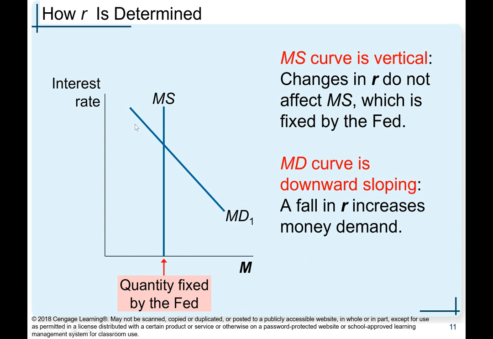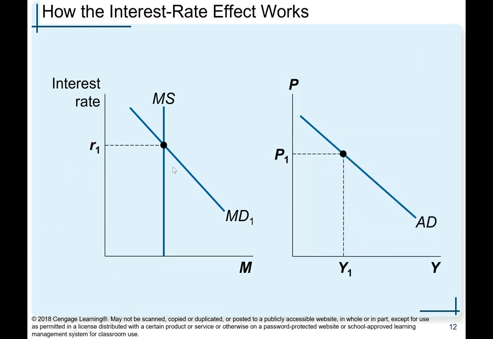Money demand is downward sloping. A fall in interest rate increases money demand. Equilibrium interest rate is where money demand crosses money supply.